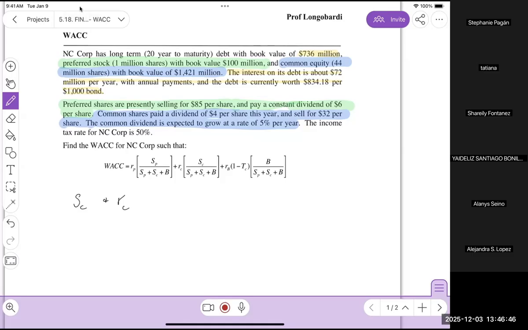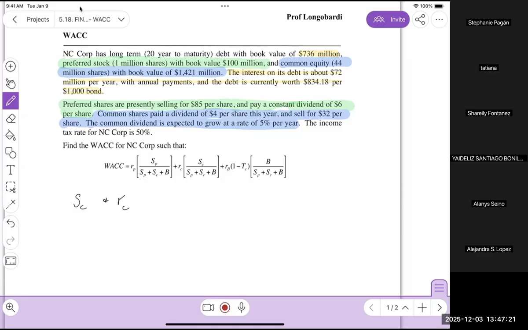And then using the rest of the information, you can solve for the cost using the dividend growth model or the growing perpetuity formula. I equals C1 over PV0 plus G. So the current price, but next period's dividend.